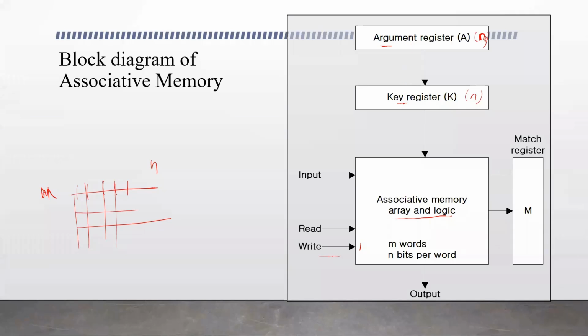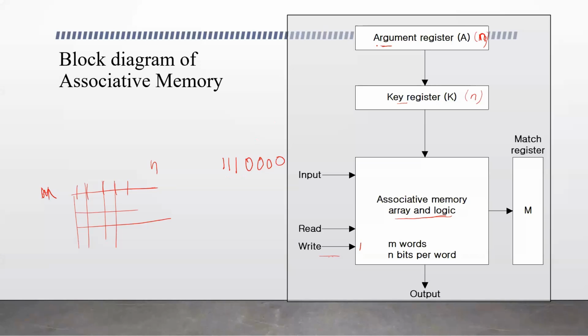So this is kind of masking. We know how bits are masked, right? The bits in the argument register that are used as a key, the corresponding bits in the key register would be set to 1. All the other bits would be set to 0.